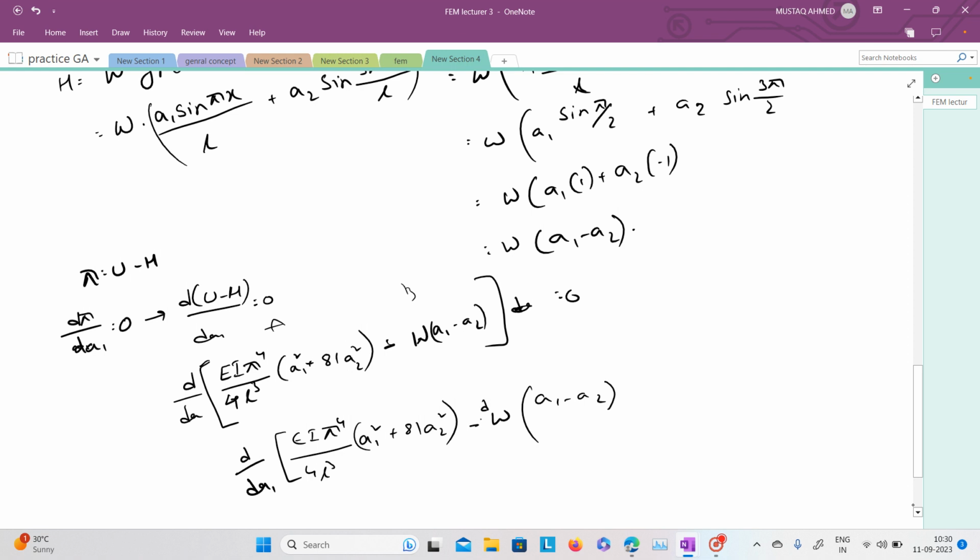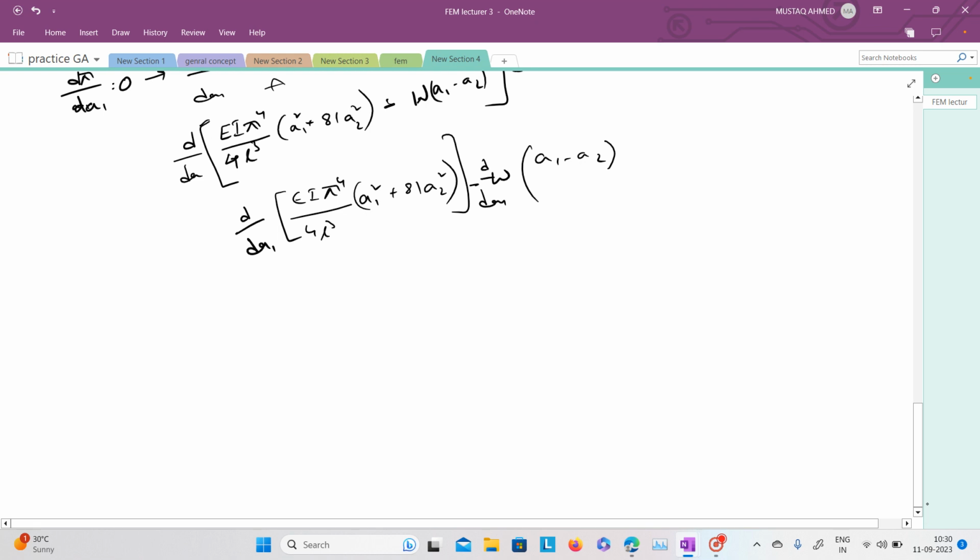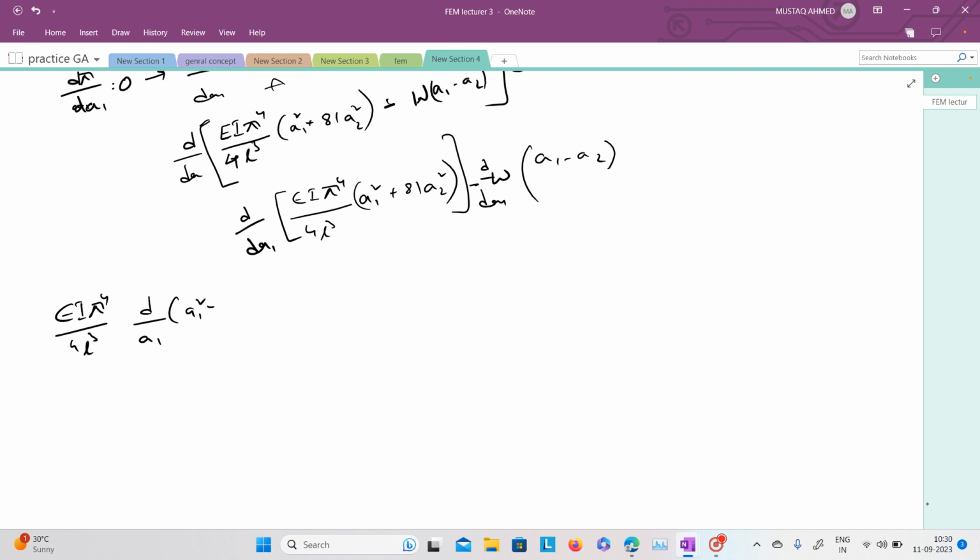Now two different equations are there. We will solve one by one. For this one, EI pi power 4 by 4L cube will be constant, d by dA1 of A1 square plus 81 A2 square, minus W d by dA1 of A1 minus A2.